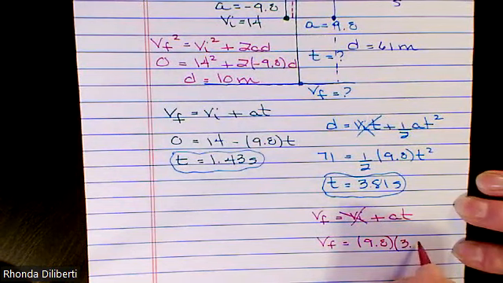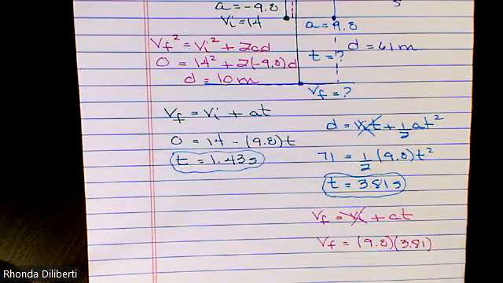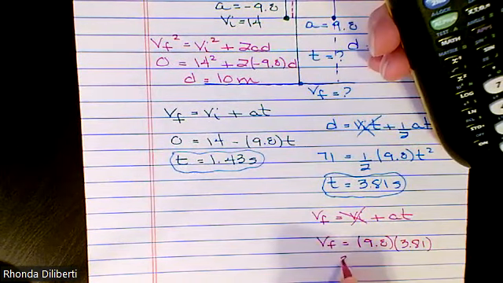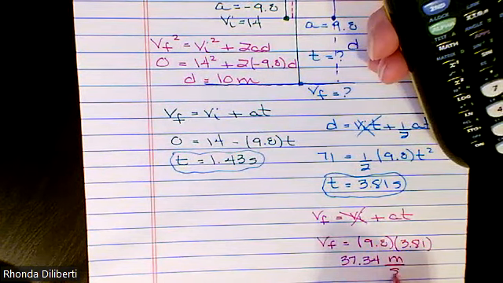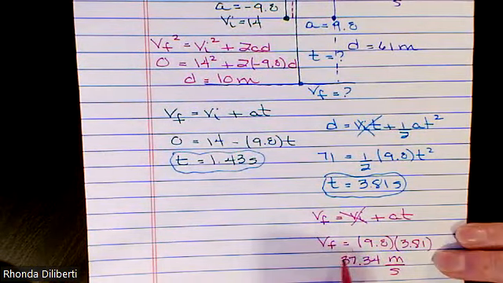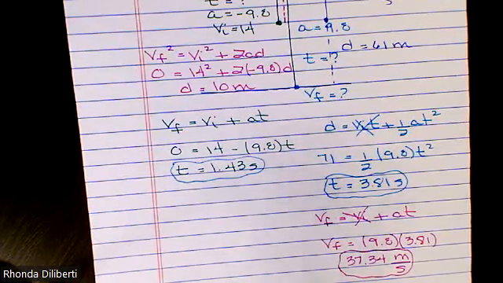So that would be 3.81 times 9.8. And I get a velocity of 37.34 meters per second.